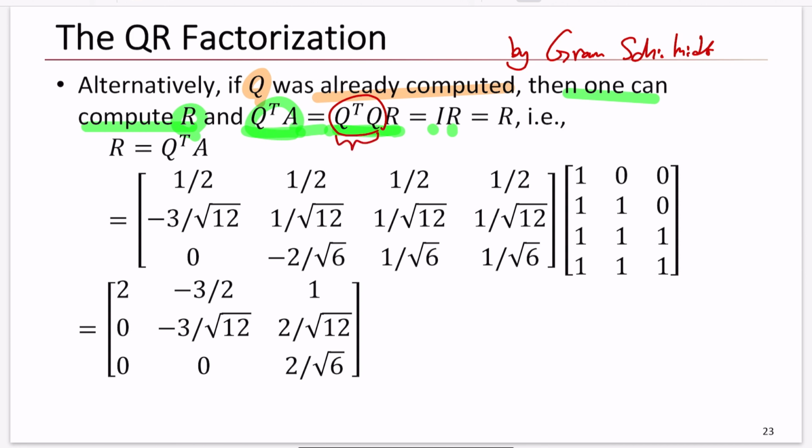So Q transpose Q is equal to the identity matrix, which we discussed in the previous lecture note. So this is going to be R.